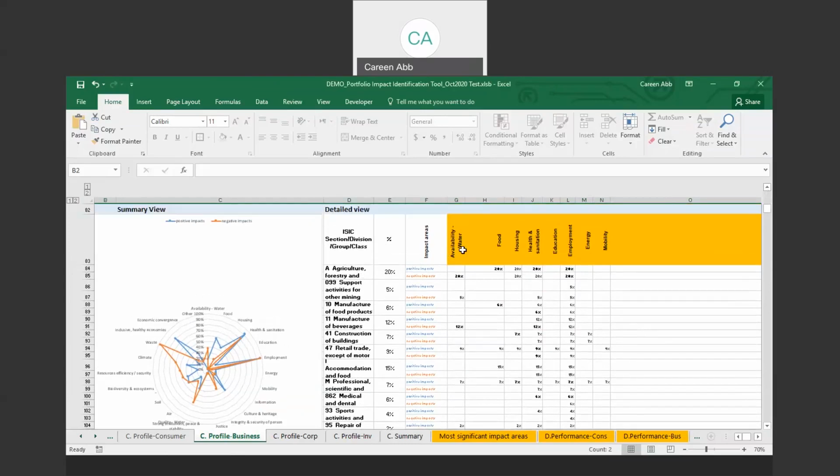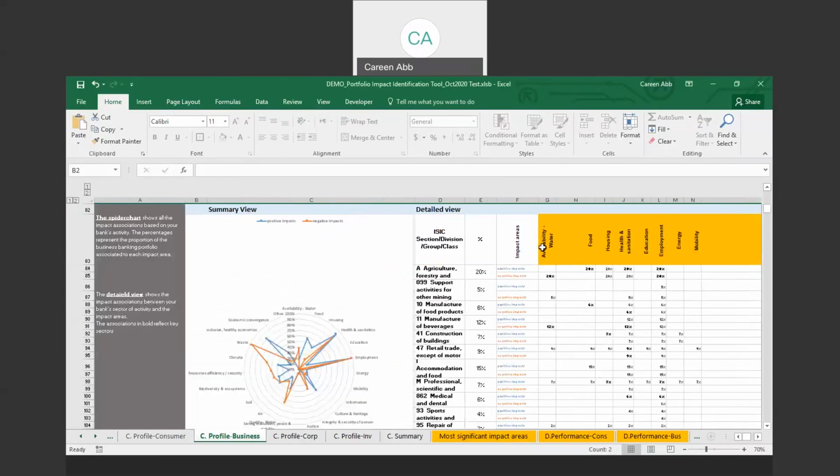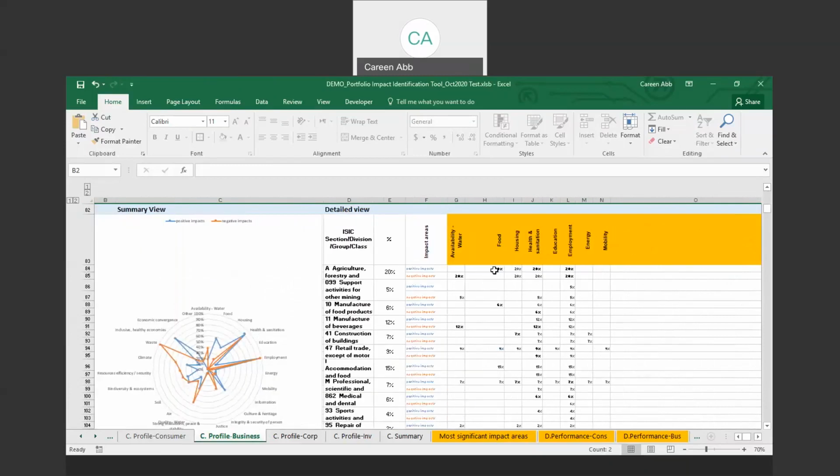Running horizontally here on line 83 are the different impact areas. And wherever you see a figure, you can see that there is an impact association. Again, positive and negative are considered separately.